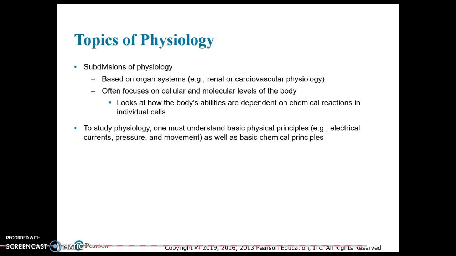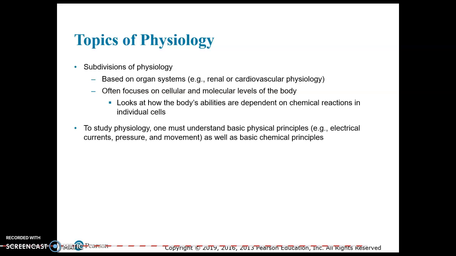All right, and so some subdivisions of physiology can be based on organ systems. So we could say renal physiology, which is the study of kidney function. And then oftentimes physiology focuses on the cellular and molecular levels of the body. So we're actually even going into different chemical reactions that occur.